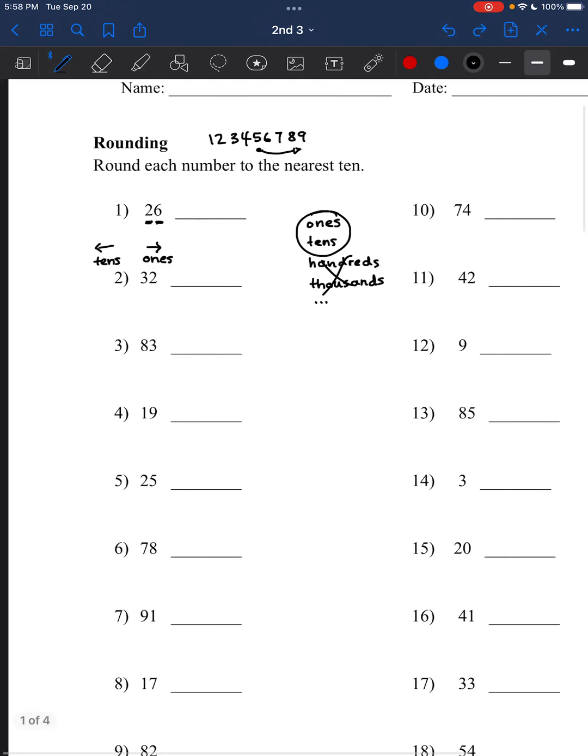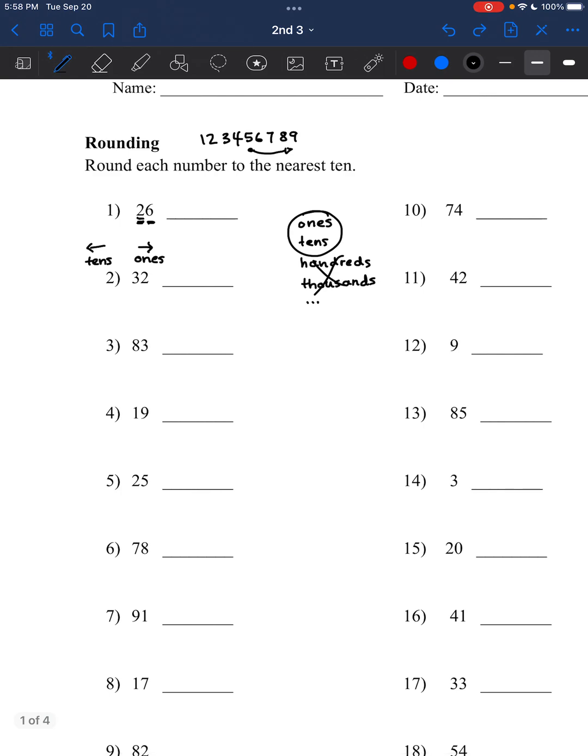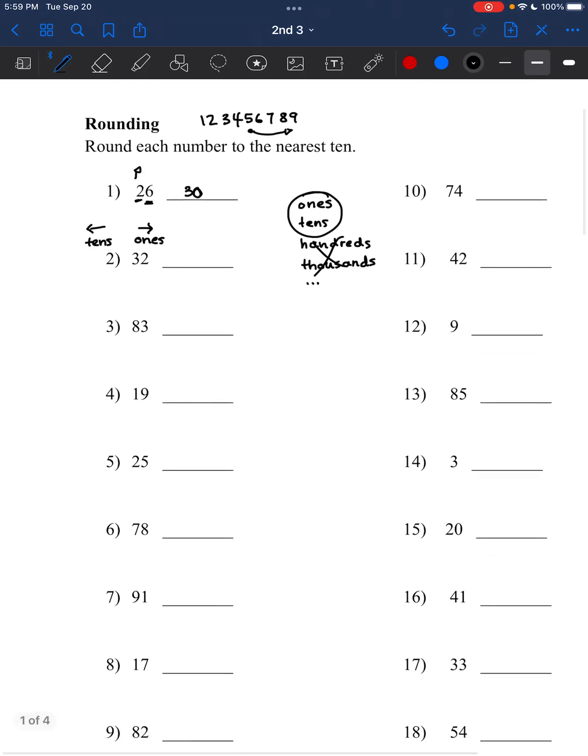So if this is 6 and this is 2, then since 6 is greater than 5, you bump this up one number, make it a 3, and turn 6 into a 0, since you want to keep it at multiples of 10, the nearest 10.